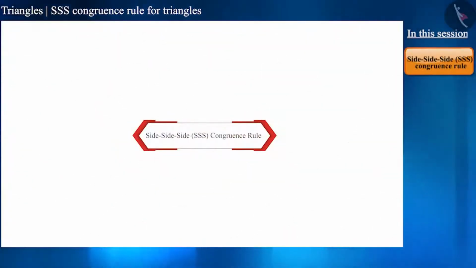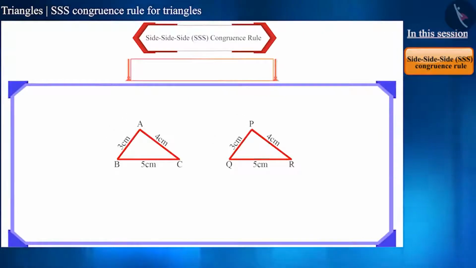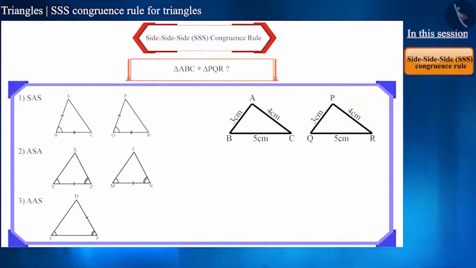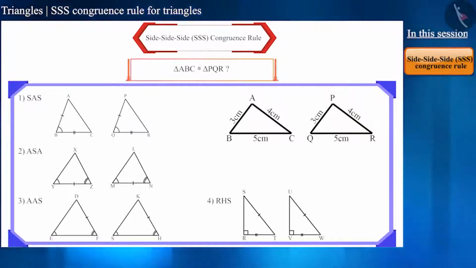Friends, the name itself suggests that this rule of congruence is related to the sides of triangles. Look at the given triangles. Are these triangles congruent? The rules of congruence that we learned so far, such as SAS, ASA, AAS and RHS, have at least one angle in them.